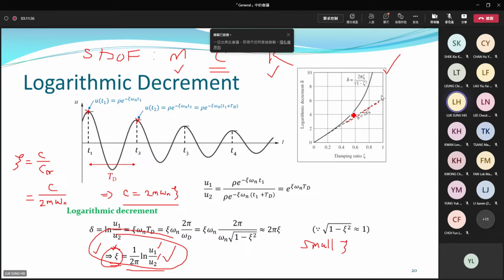The solid line represents the actual formula, 2 pi damping ratio over square root of 1 minus damping ratio squared. You can see that they start to deviate from each other for large damping. They are approximately the same when damping ratio is less than 0.3, approximately.